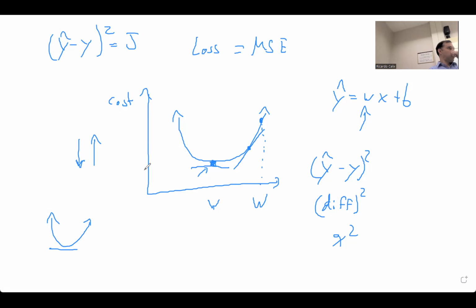Additionally, there's this other idea of how do we do it analytically? As it turns out, calculus has a little trick that says, grab the function with respect to this W and take the derivative of it. And guess what? It's going to give you a result called the tangent at that point.